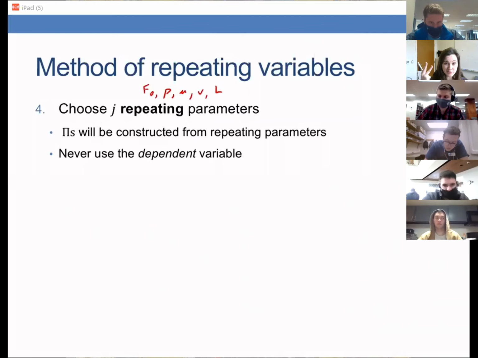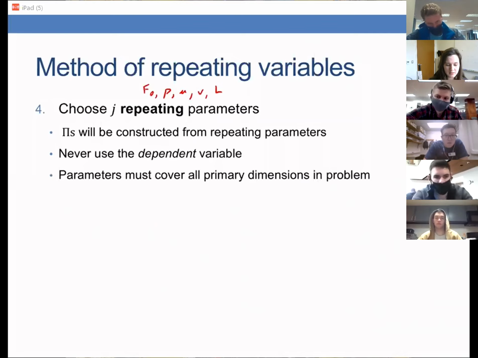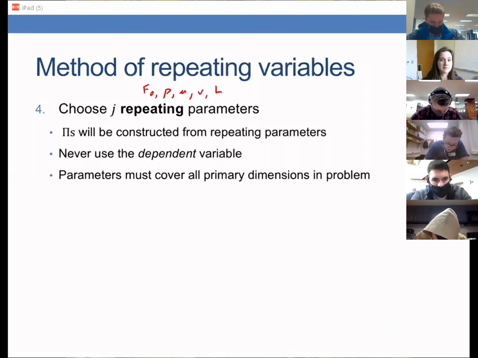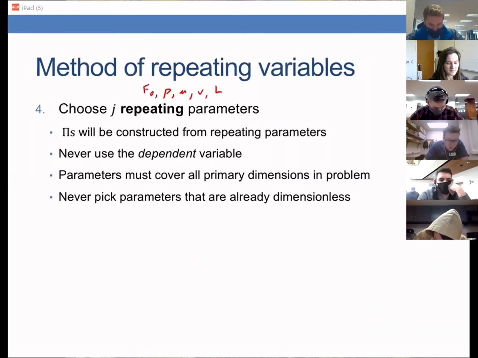We want 3 parameters. These parameters have to cover all the primary dimensions in our problem. So we need mass and length and time to be somewhere in those parameters. You're never going to pick something that's already dimensionless. Sometimes you would have like beta. Beta is dimensionless.